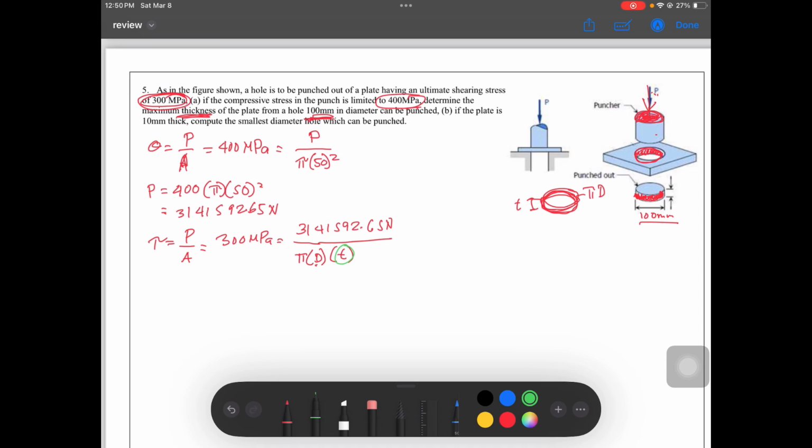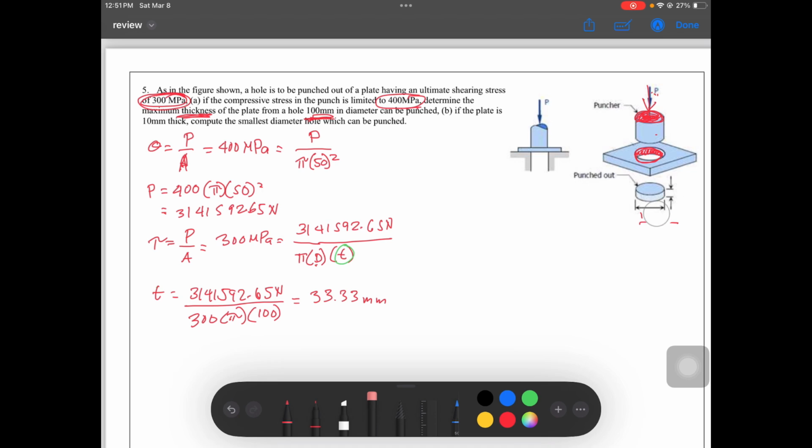So, ang missing lang natin dito is T. Let us isolate T. So, T is equal to 3,141,592.65 Newton divided by 300 pi, and then D is 100 mm. So, consistent ang units. So, our T is equal to 33.33 mm.